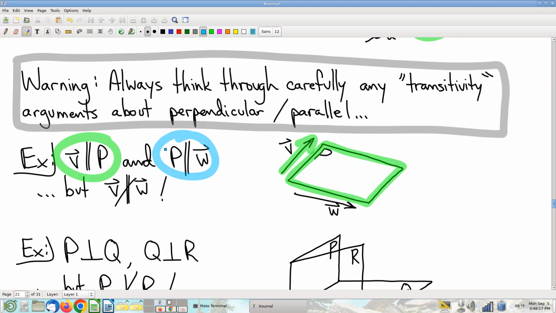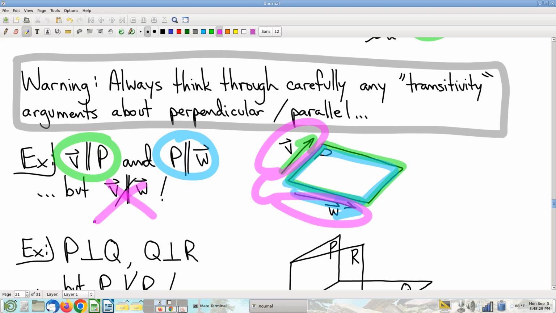That same plane and this other vector are parallel. But the two vectors, not necessarily parallel. You certainly can't conclude. And again, super tempting. This is parallel to that, which is parallel to that. You'd think parallel was transitive. It isn't.